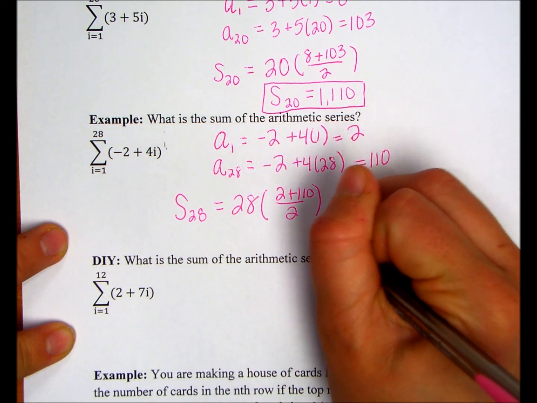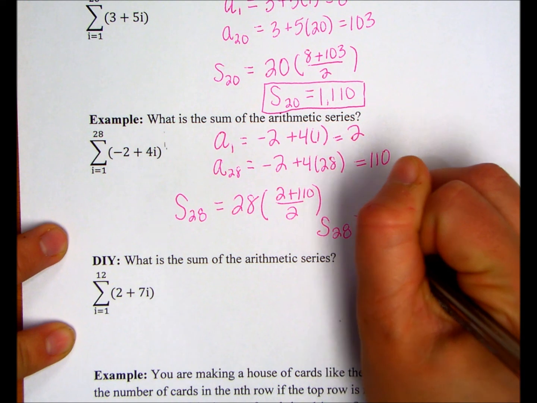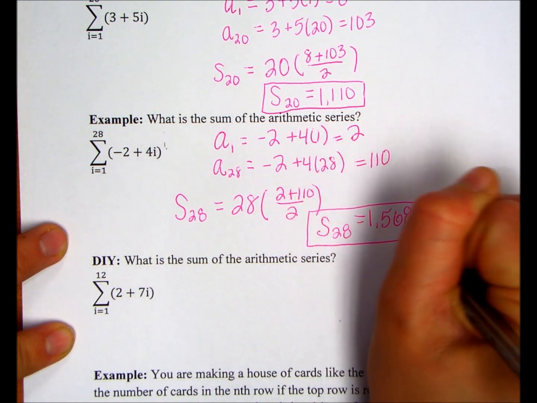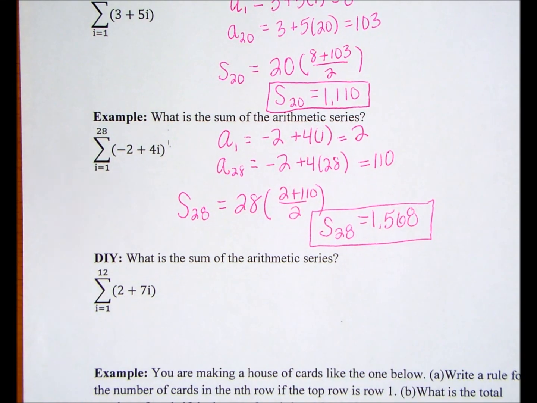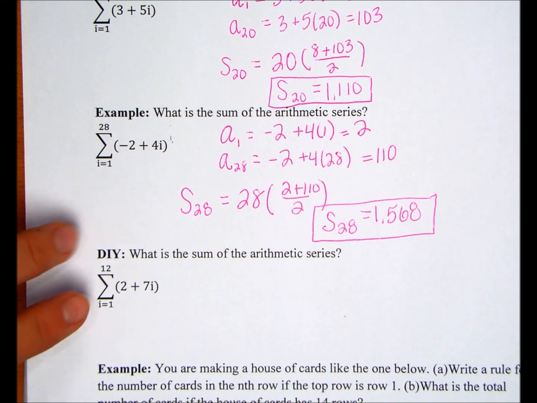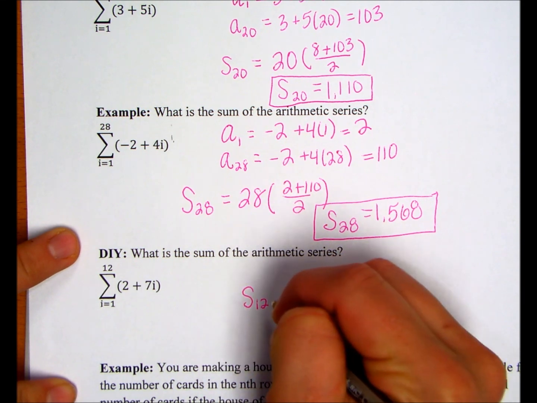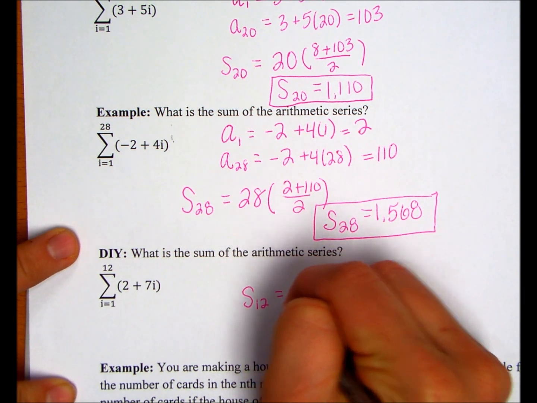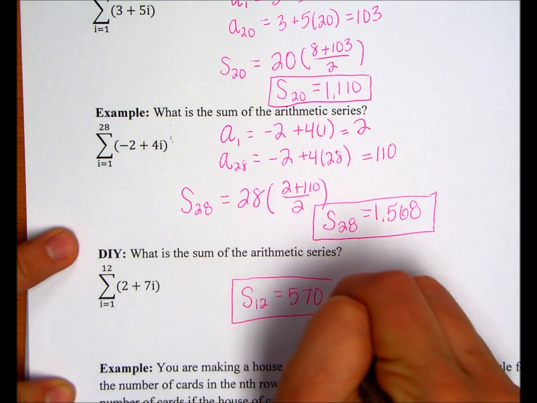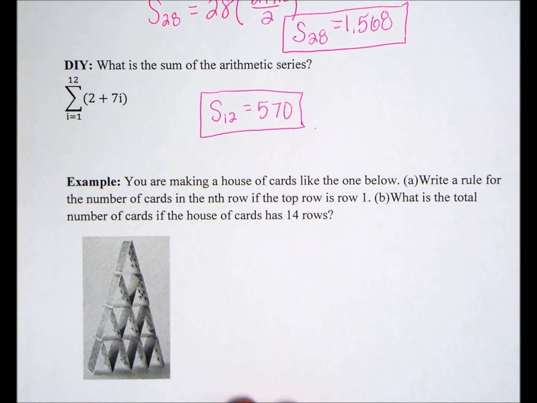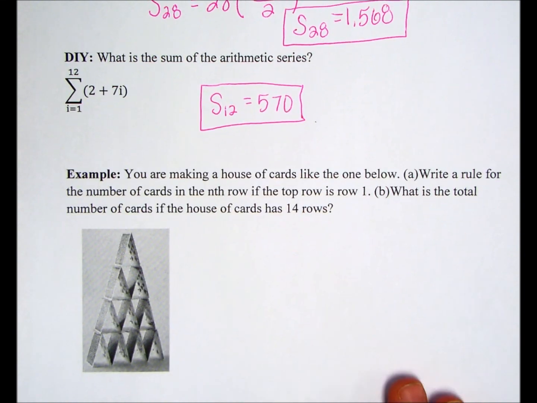So you get the sum is equal to 1,568. I'm going to let you try that next example on your own. You should get that the sum of the 12 terms is 570. Practice that one.